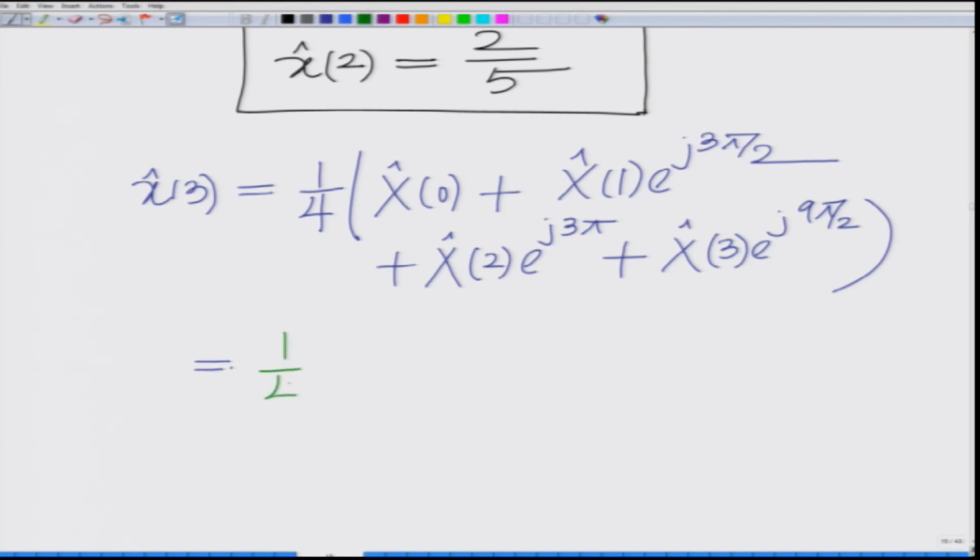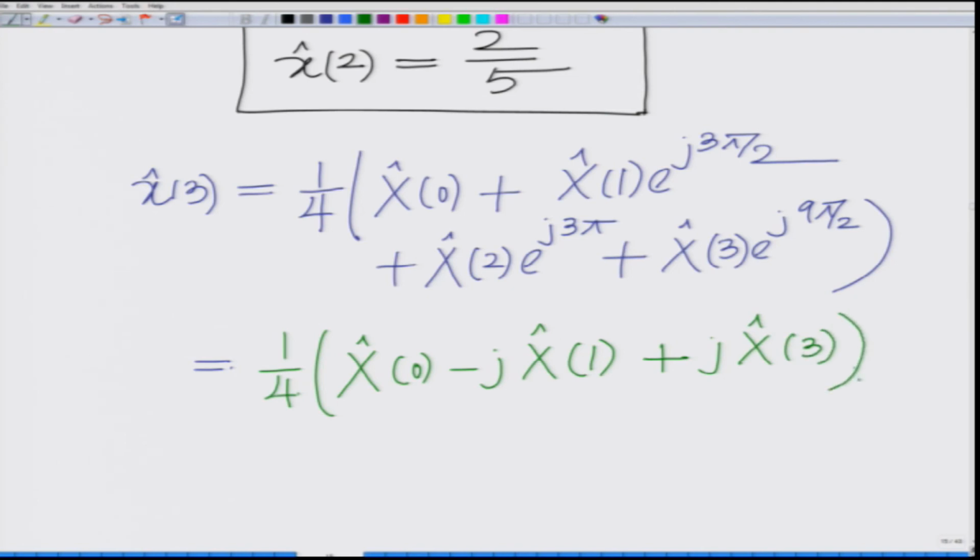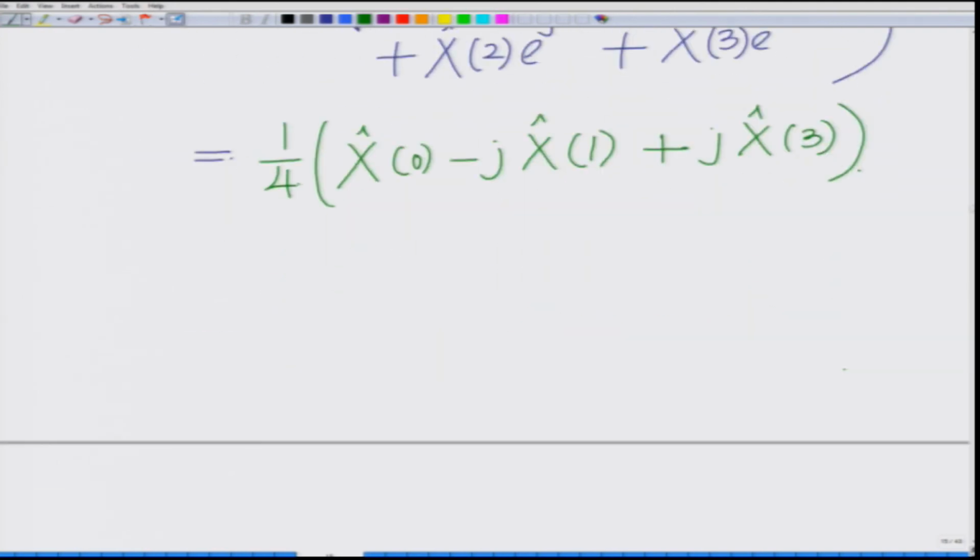1 over 4 times capital X hat of 0 minus j capital X hat of 1 plus j capital X hat of 3. You can see we are avoiding capital X hat of 2 because that is 0 anyway, okay.